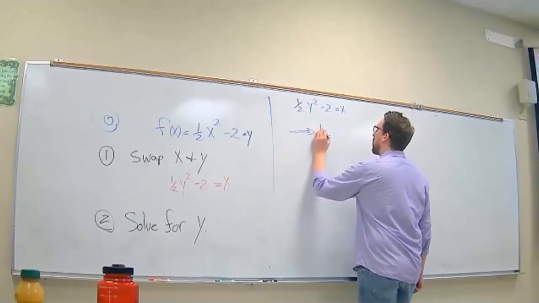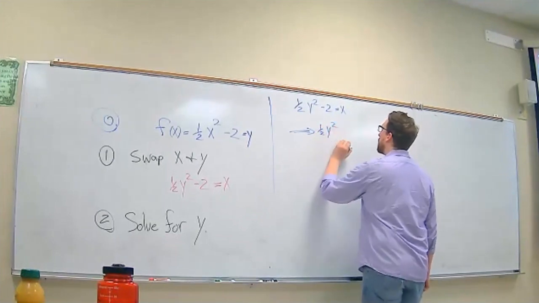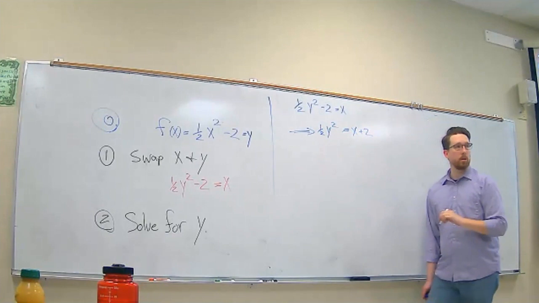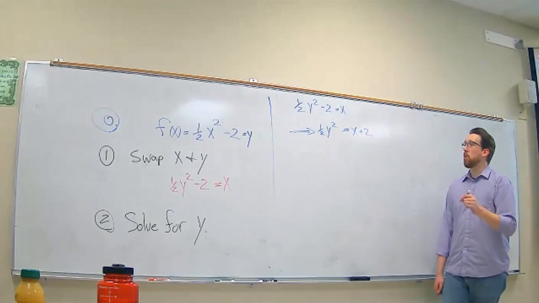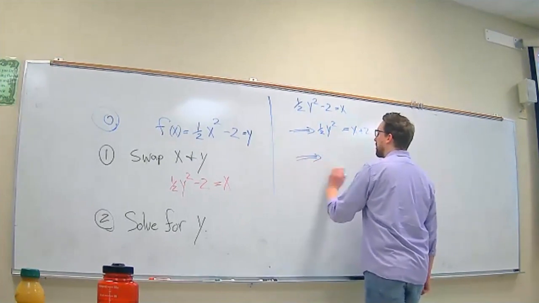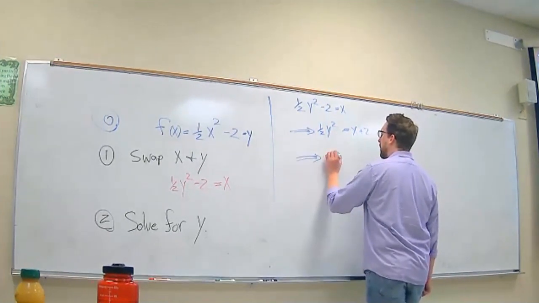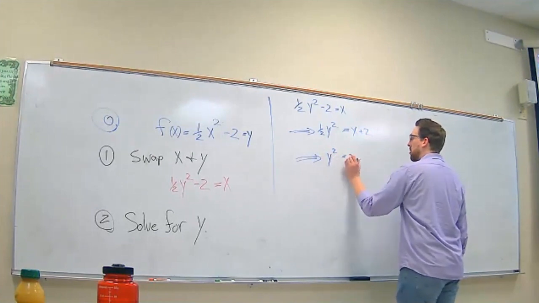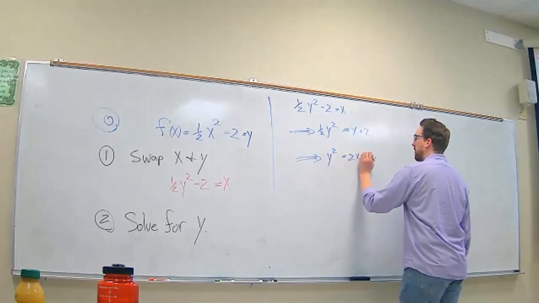So this implies that 1/2 y squared is equal to x plus 2. Well, now we can multiply both sides by 2. So this implies y squared is equal to 2x plus 4.